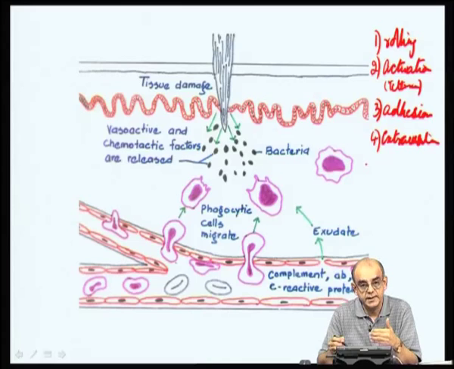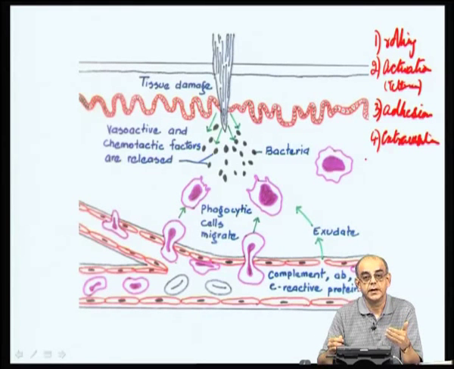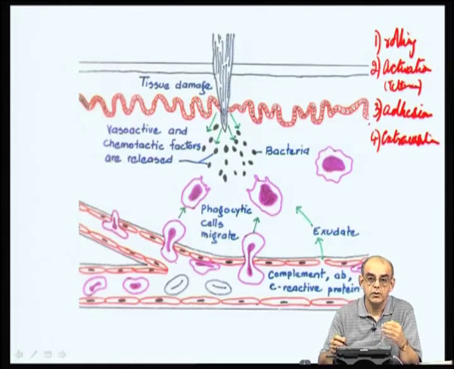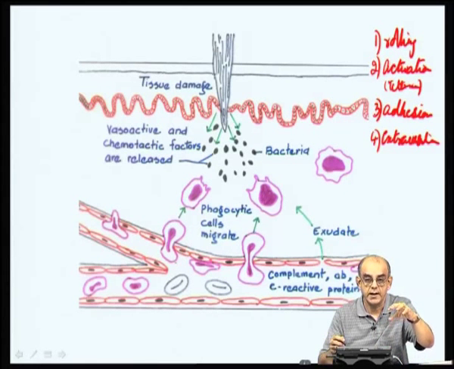These cells get activated. When they get activated, certain lymphokines are secreted. Not only are cytokines liberated or secreted, there is also an increase in the surface expression of many other adhesion molecules. These adhesion molecules, when expressed on the cell surface, cause the stopping of the cell at that location.